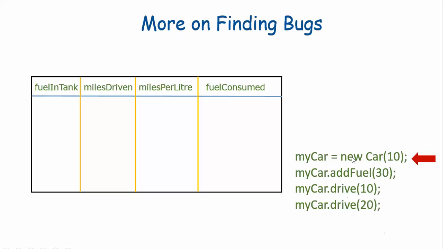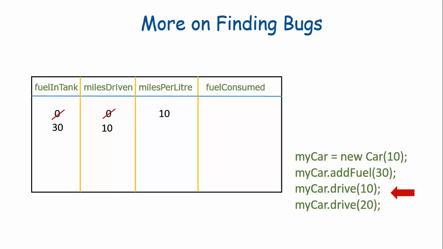I have this first statement to construct my car object. So now the fuel in tank is 0, miles driven is 0, miles per liter is 10, and when we try to add fuel of 30, the new value of fuel in tank becomes 30, and then I drive my car by 10 miles, so my miles driven is 10.